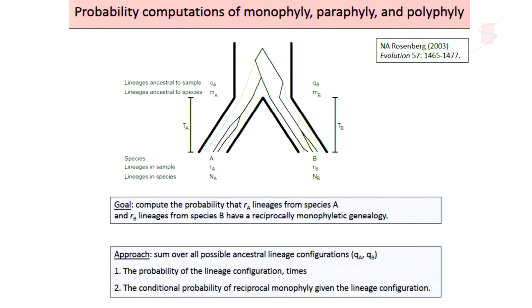So we look at using the coalescent lineages going backward in time and coalescing, sum over all those possibilities, and then given the configuration at this divergence time, look at the probability distribution of what happens in the ancestral population. So we sum over all possible ancestral configurations, a product of the probability of a lineage configuration and the conditional probability of reciprocal monophyly, given the lineage configuration.